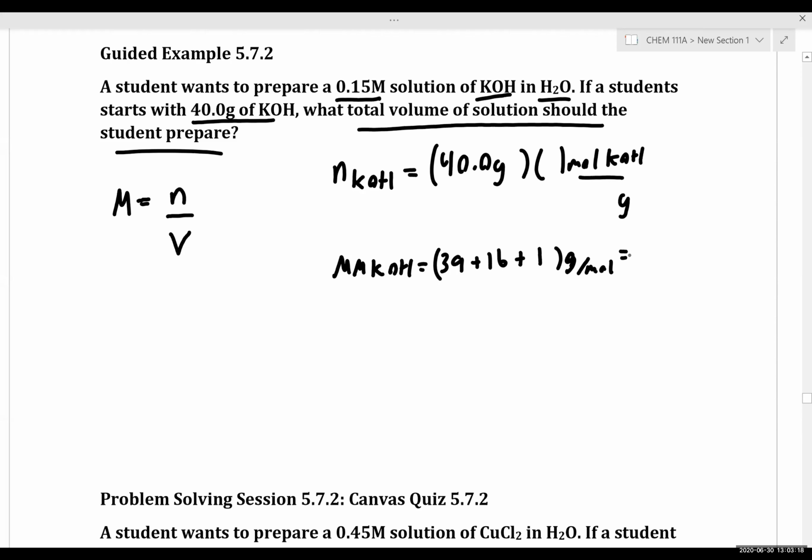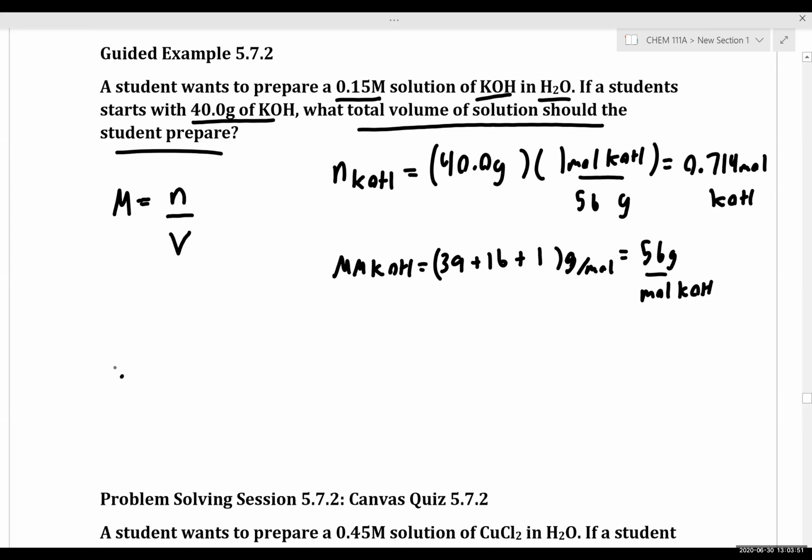If we punch that into our calculator, we get a mass of 56 grams per mole of potassium hydroxide. So 40 over 56 gives us 0.714 moles of potassium hydroxide.